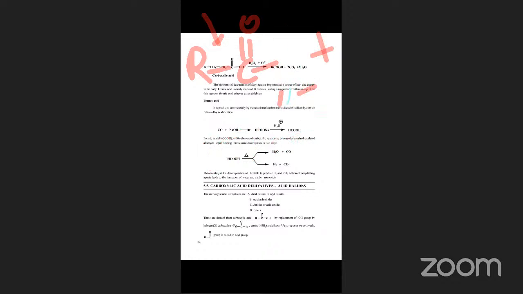Next one, just remove OH and write R dash. This is ester.